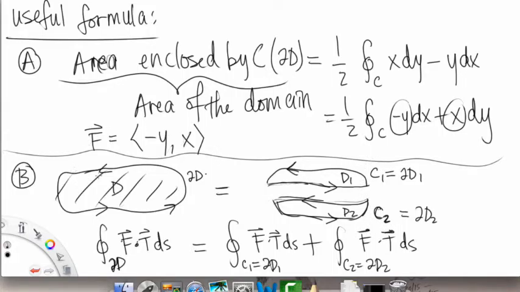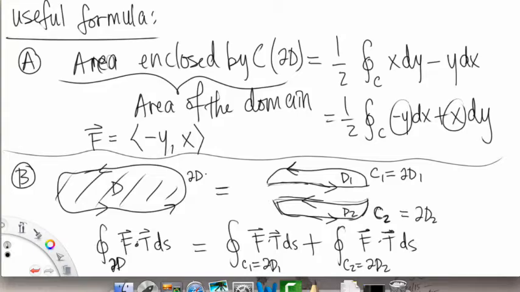So if you take a domain and slice it into however many pieces, and take the line integral over each of those individual pieces, which are bound by closed curves, then the sum of those line integrals will give you the total line integral over the entire domain. So we're just breaking it up into pieces, and then you can just add like normal.